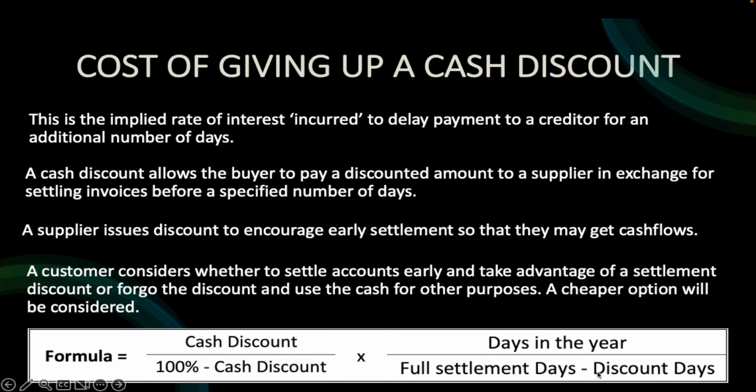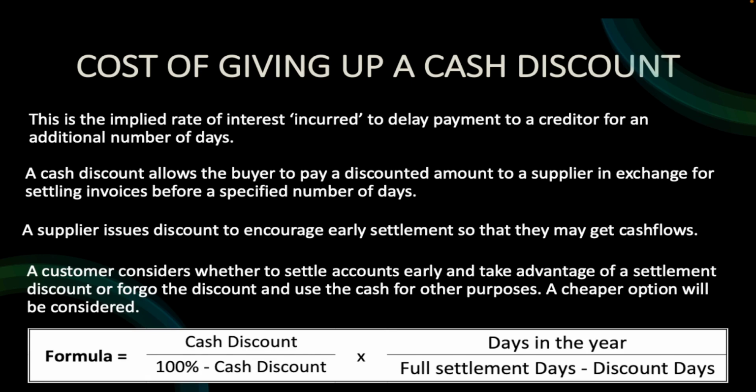And then you divide that by the full settlement days, and that is how long the supplier has given you according to the credit terms to pay the amount off if you do not take the discount. All right, so that's the full settlement days, and we minus the discount days, meaning how many days the supplier has given you to pay so that he can give you a discount. And we'll make sense of this as we go through the example.